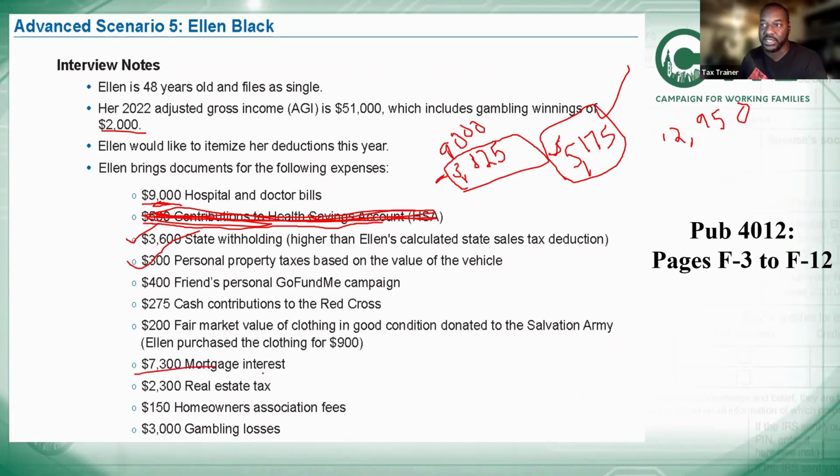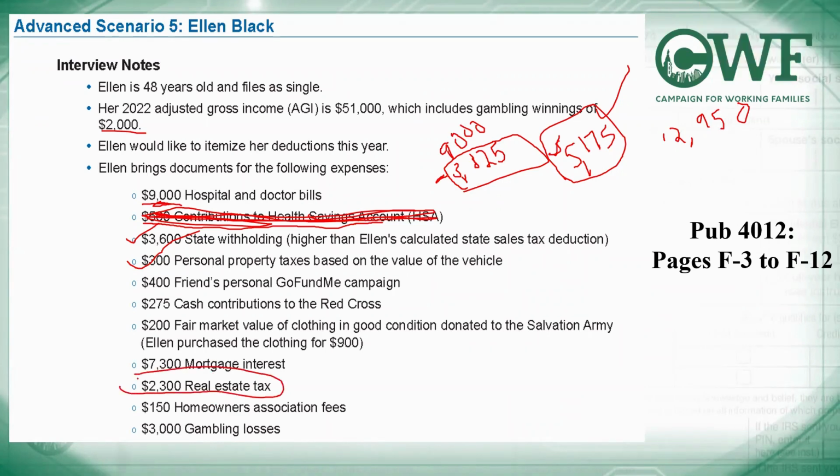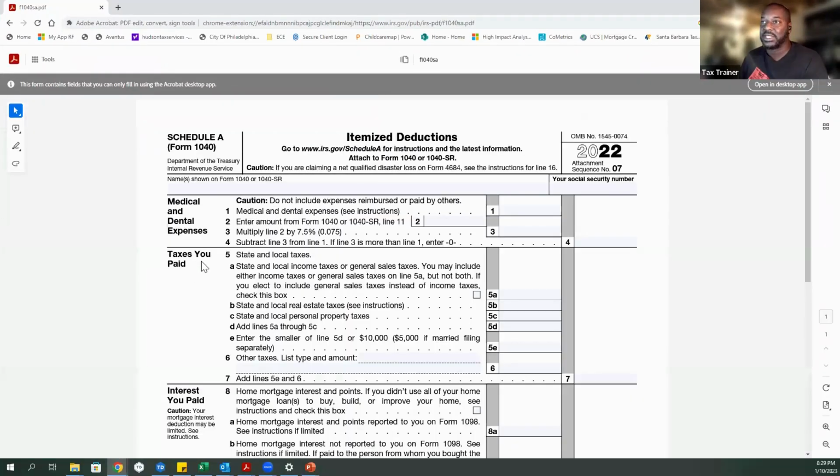Can I do real estate taxes? That's property taxes. Yes. That's $2,300. So that's 2,300 plus 3,600, which is 5,900. Plus another 300, we had $6,200 in taxes you paid. So in here, I can put $6,200. Does that make sense? Yes.